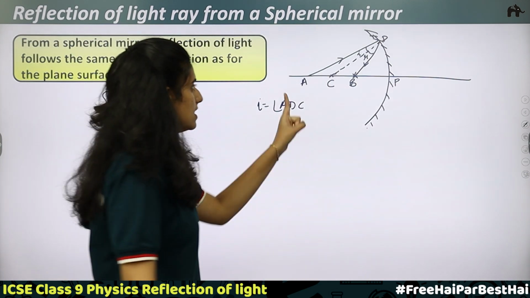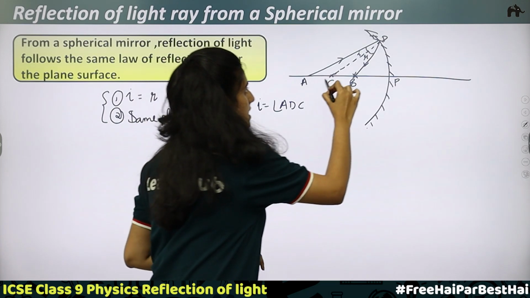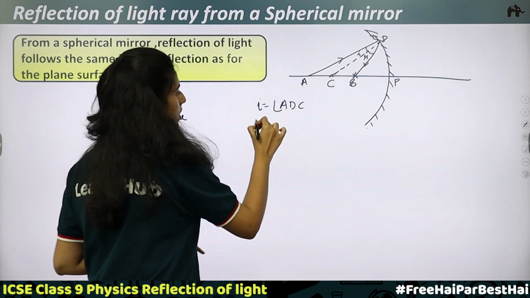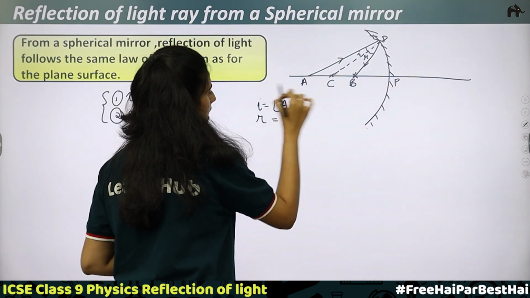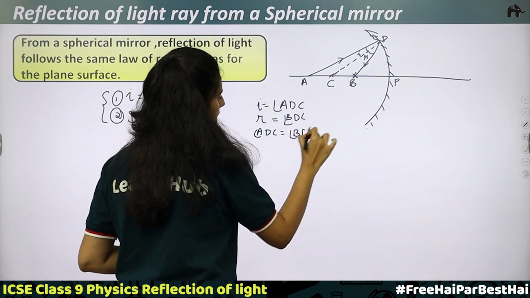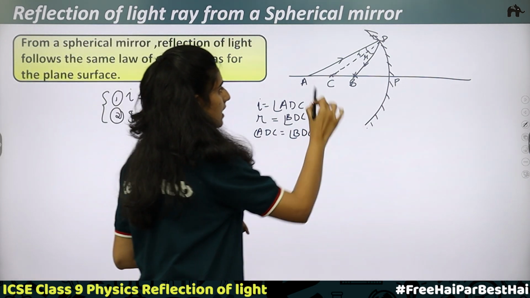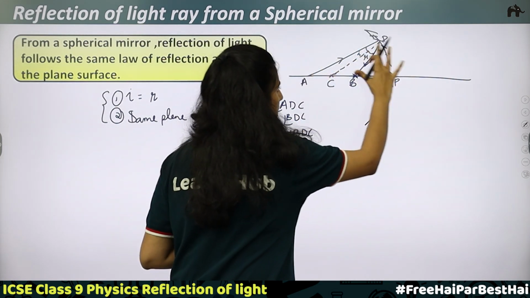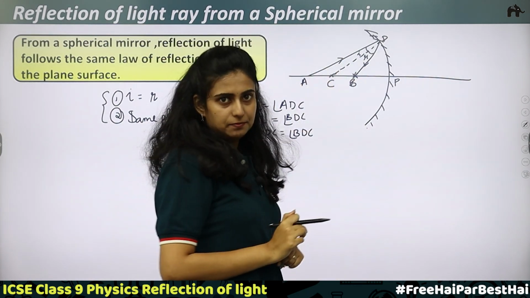Here the incident ray is AD, the reflected ray is DB, the normal is CD, the angle of incidence is ADC and the angle of reflection is BDC. We know that angle ADC is equal to angle BDC. Now check the second law. You can see that the incident ray, reflected ray and normal at the point of incidence can all be represented on this board, which means they lie on the same plane.